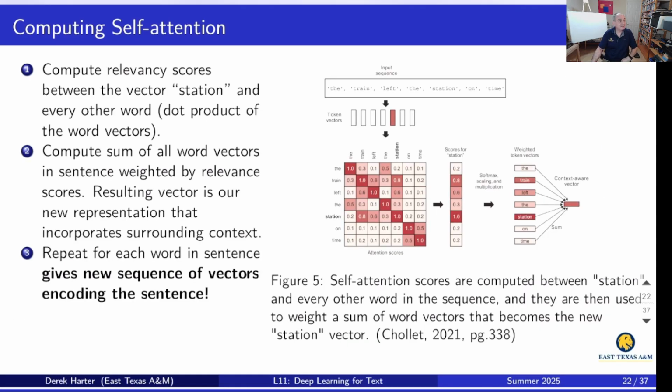The way this self-attention mechanism works in practice is you can think of it as having three basic steps. Think of processing a sample, some sort of sequence processing. We have a sample like "the train left the station on time." These words are translated into tokens using a word embedding space like we've discussed before.